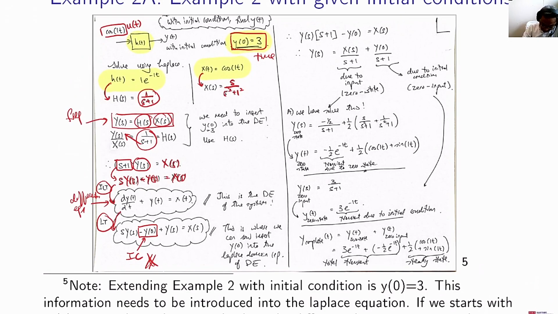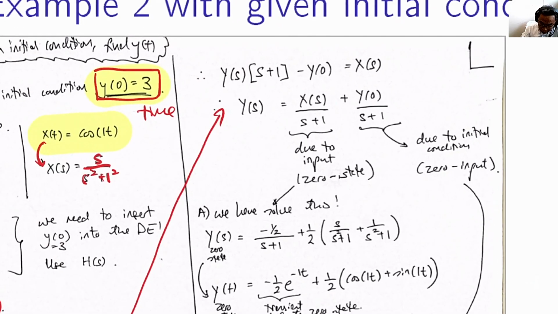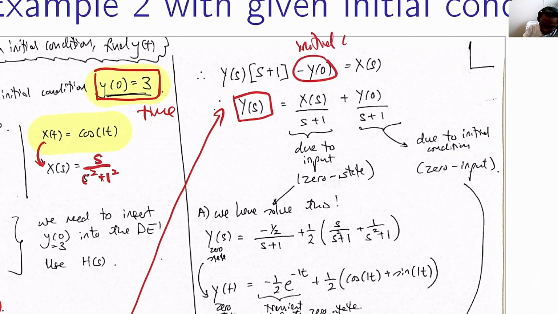Then we can do, of course, the normal algebra to get y of s on one side, and x of s on the other side. Now what happened is this. This is the initial condition. In example 2, the initial condition was 0.